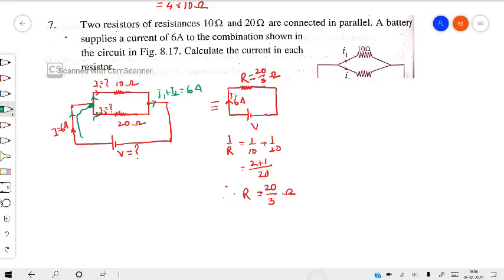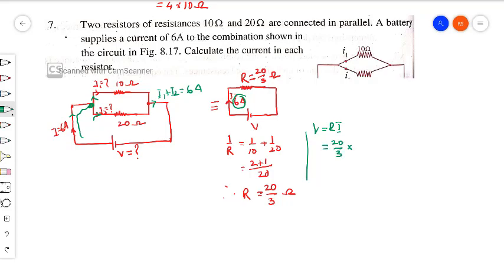This resistance carries a current of 6 ampere. So now V equal to R I, equal to R is 20 by 3 into current is 6, so 40 volt.